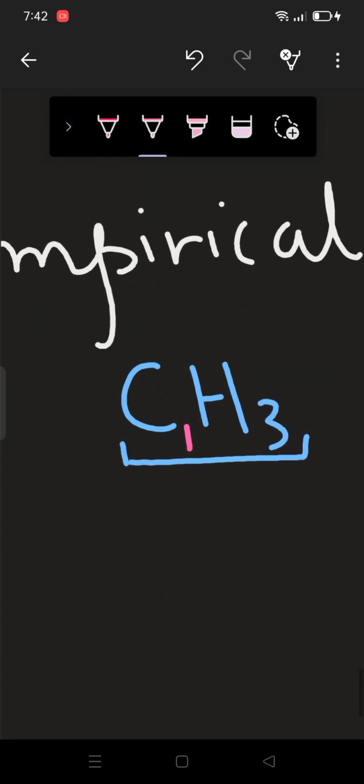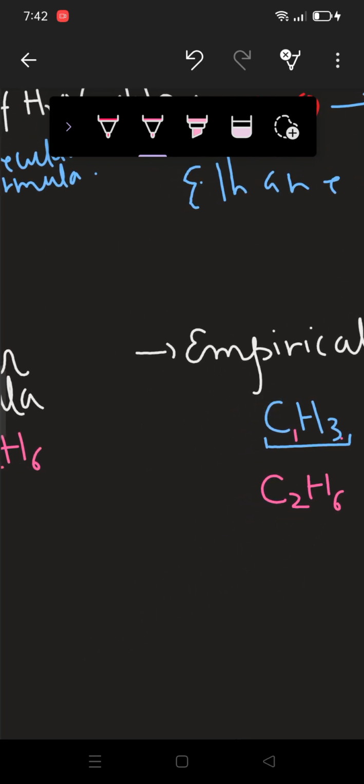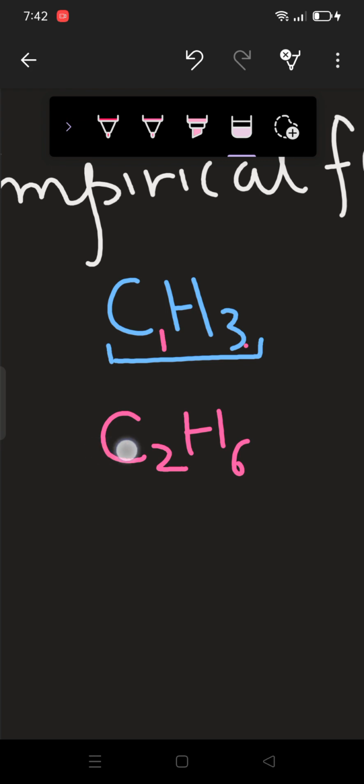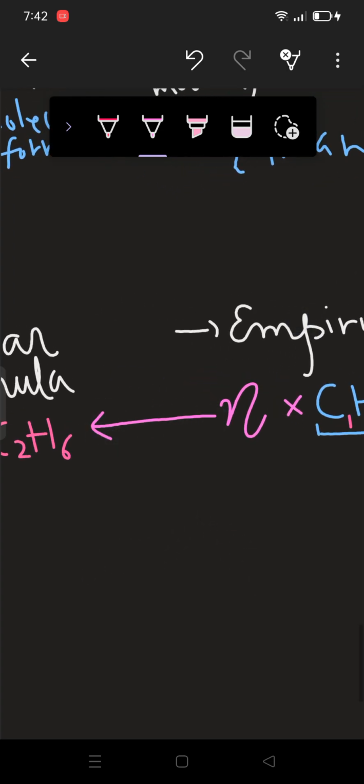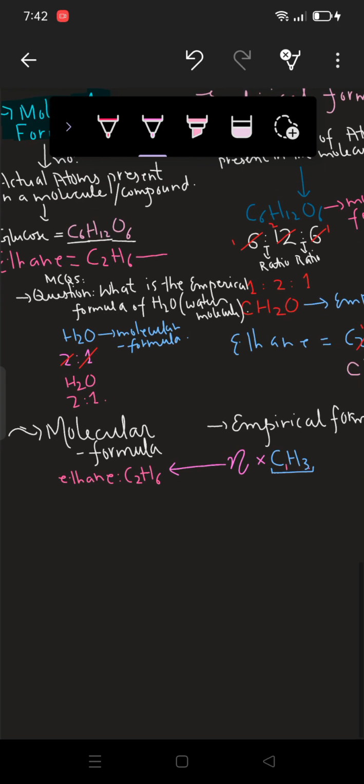Here I have 1, so this 1 multiplied by 2 gives 2 for C, and this 3 multiplied by 2 gives 6. It means I can get the molecular formula by multiplying a particular number with the empirical formula, which means I need to multiply by a number which I don't know yet, right? I need to multiply n with the empirical formula to get the molecular formula, right? Here we have just understood that.